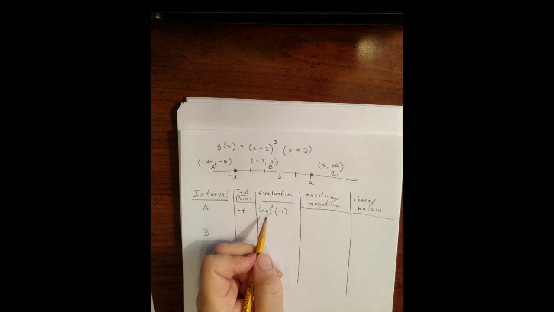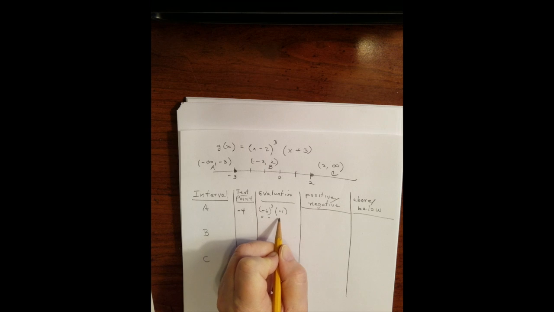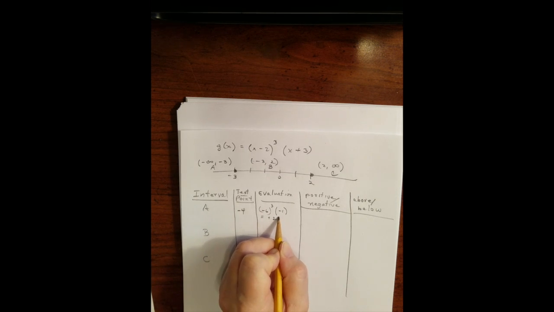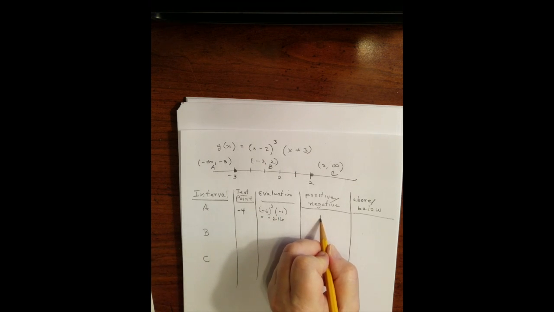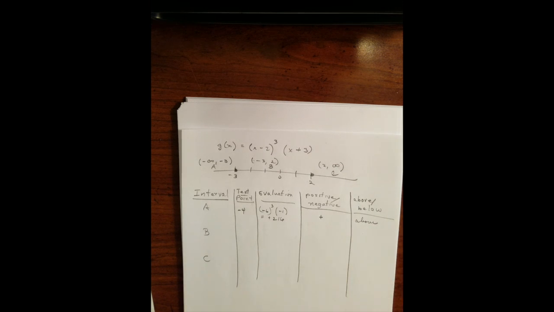And just use your calculator. -6 cubed times -1 is positive 216. So that's positive, and that means our graph in that interval is above the x-axis.